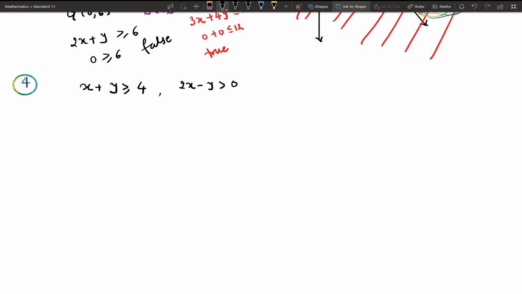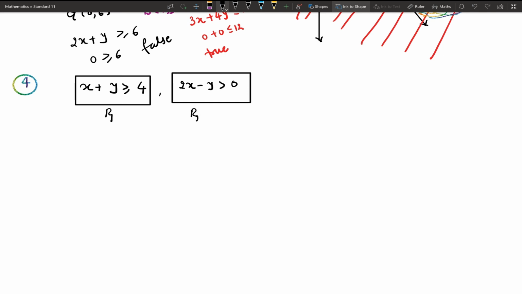So first we will find region R1. By the second inequality we will get region R2. The solution, as usual, will be R1 intersection R2.